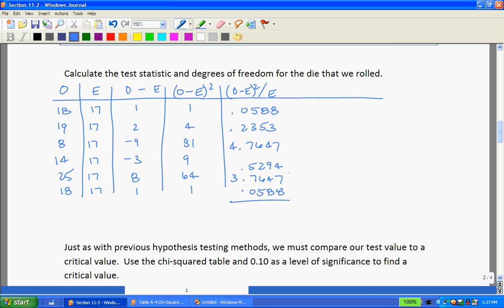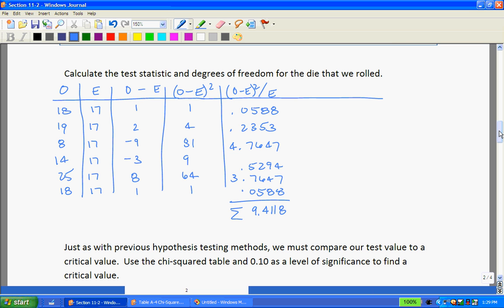And our final step is to add all of those up. I get 9.4118 if I round. So I didn't necessarily round the numbers here on my screen. I used my calculator, so I have a few more significant digits there. Okay, that's our test statistic.